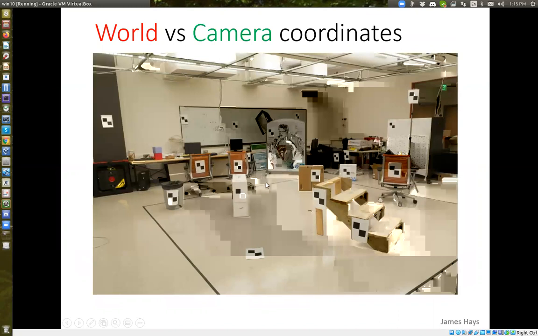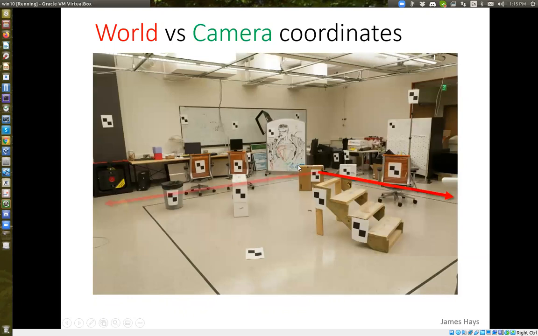So some quick words on calibration here. As mentioned, we have the world and the camera coordinates, right? If you put up a camera just trying to figure out the 3D points in space, you can assume the camera center is the origin, but if you have multiple cameras, you need to figure out which one is the origin.